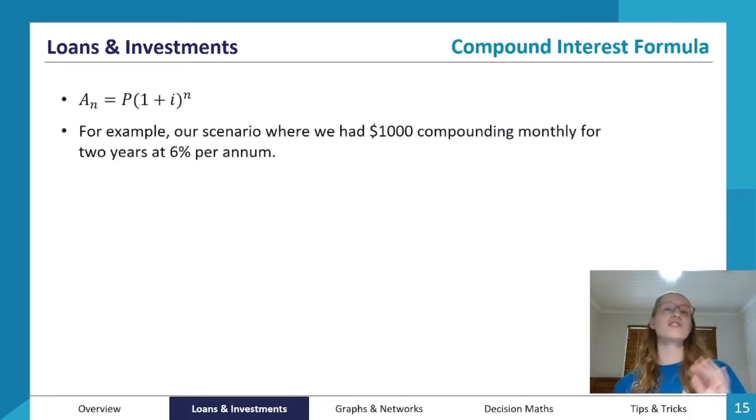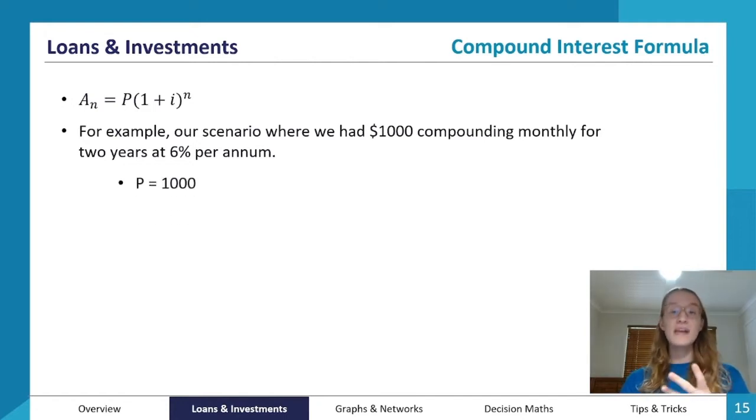So let's do a question to kind of illustrate a little bit further. Let's go back to our scenario where we had $1,000 as our initial value, and it was compounding monthly for 2 years, so 24 compounds total, at 6% per annum. Let's define our variables. P, principal, initial starting value, was $1,000.